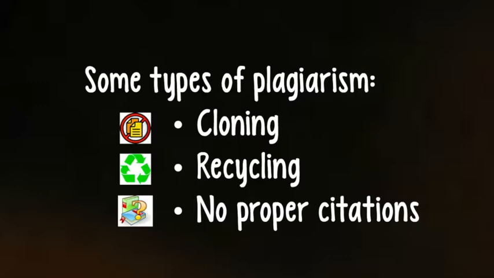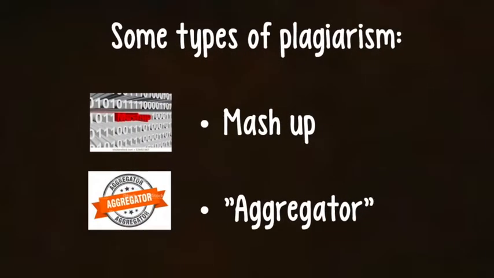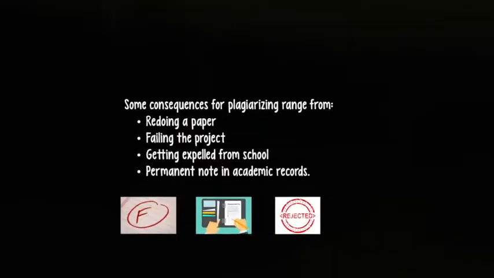Not including proper citations is also considered plagiarism. Let's see some examples. The mashup is the act of taking information from different sources without citing them. There's also the aggregator, which may include proper citations or not, but almost everything is copied and pasted from one or more sources, and there's no original work present in the project.